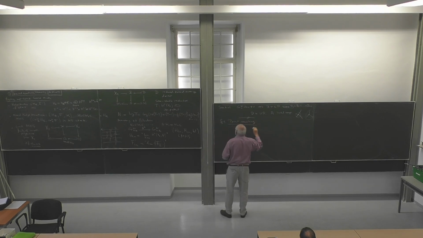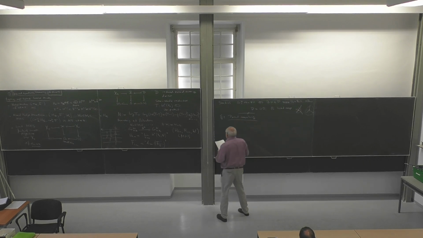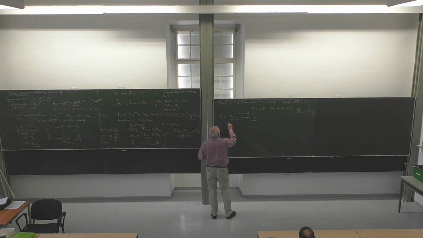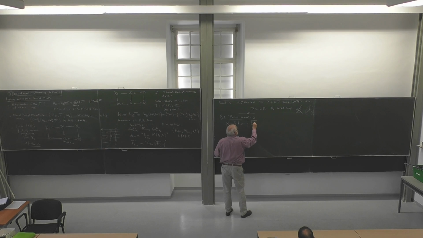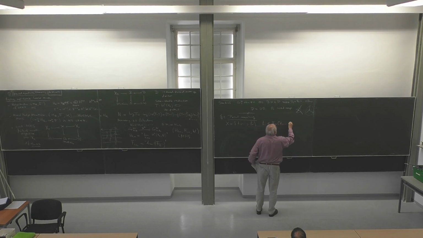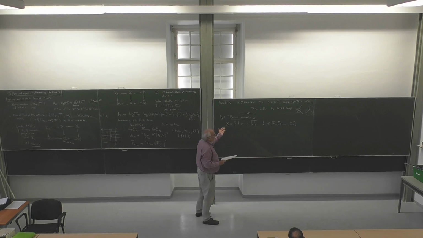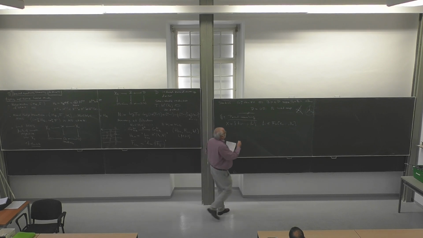Counting points of varieties over Fp. If you have a variety defined by polynomials over a finite field, so X would be an affine variety, the zero set.